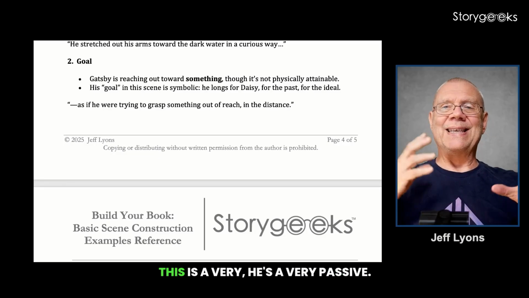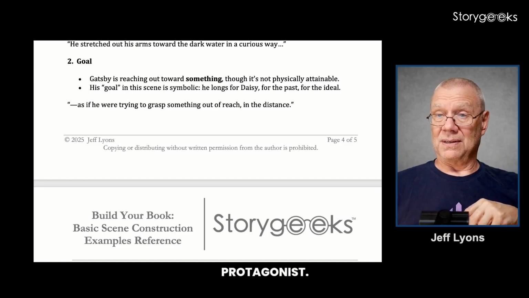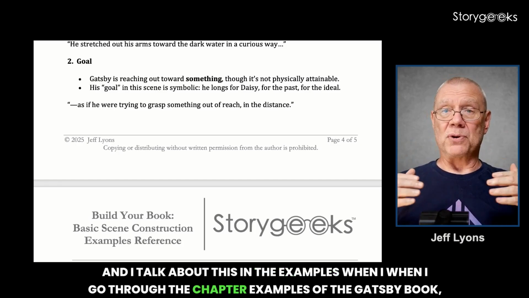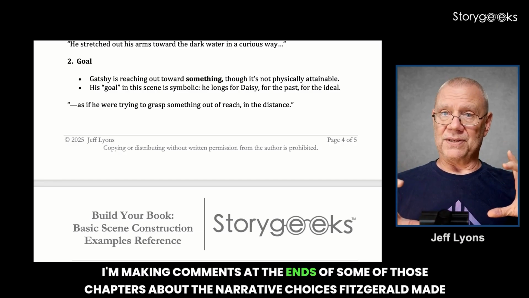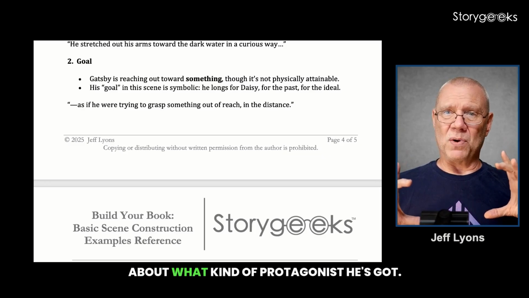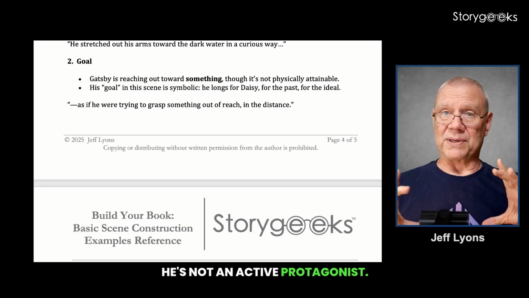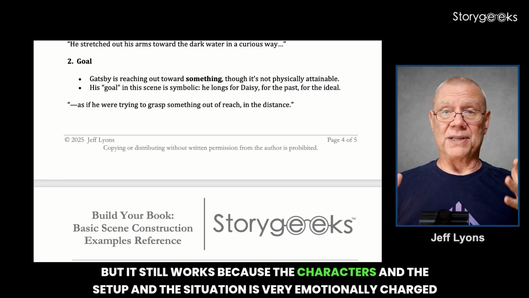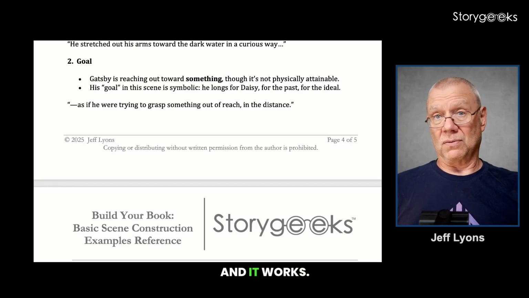So he's a very passive protagonist. And I talk about this in the examples when I go through the chapter examples of the Gatsby book. I'm making comments at the ends of some of those chapters about the narrative choices Fitzgerald made about what kind of protagonist he's got. He's not an active protagonist. But it still works because the characters and the setup and the situation are very emotionally charged.